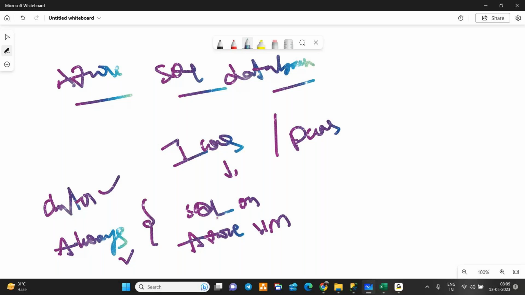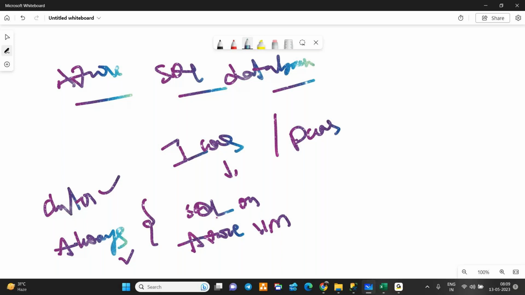That can be Azure, AWS, or Google Cloud. When you go to the IaaS platform, you'll have control of the operating system. You can take RDP to the server and play with it like how you use it on-premises.